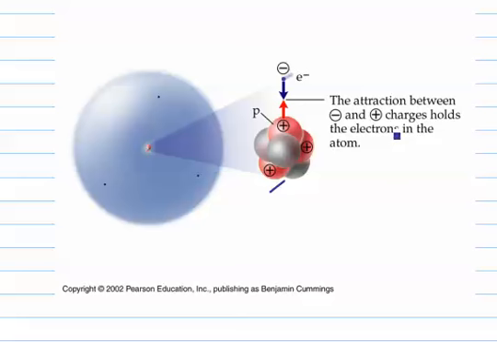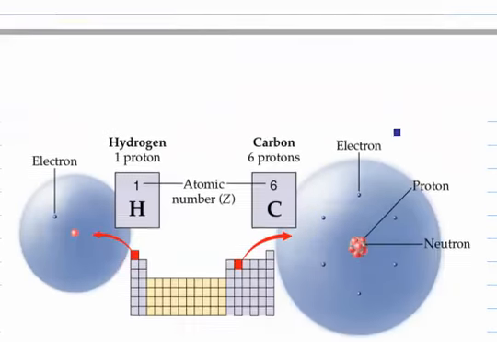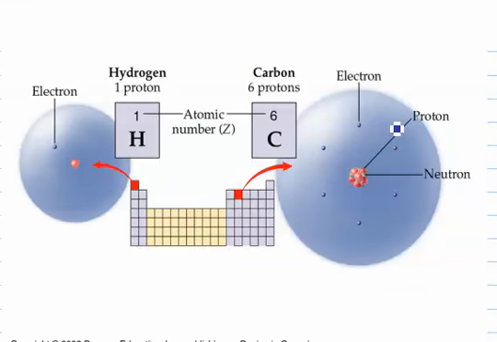Now, another important feature of this model is that it defines why atoms are different. For example, all atoms, including hydrogen and carbon, contain a dense nucleus and surrounding electrons.